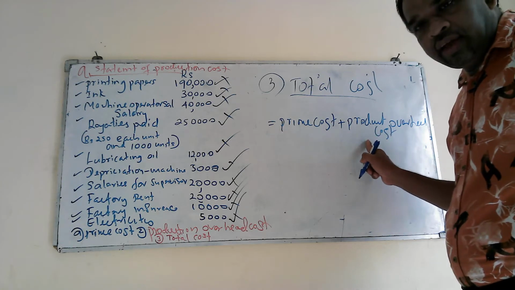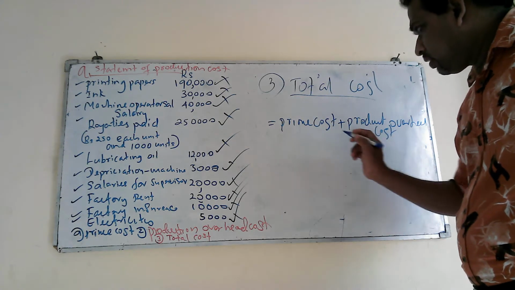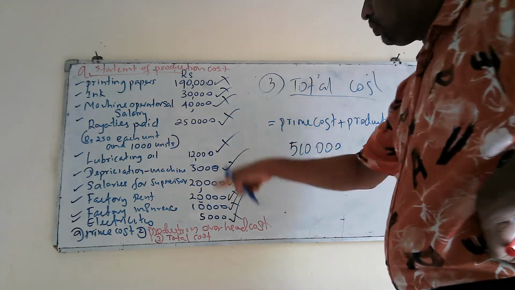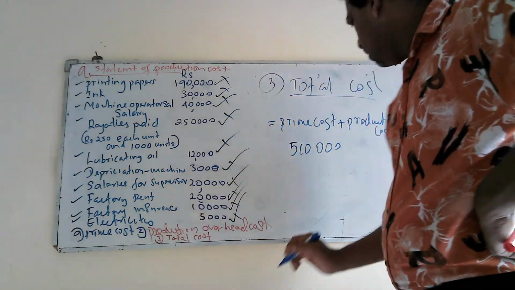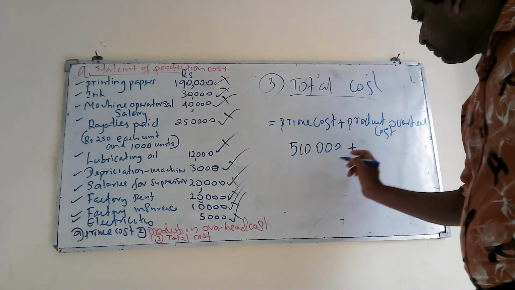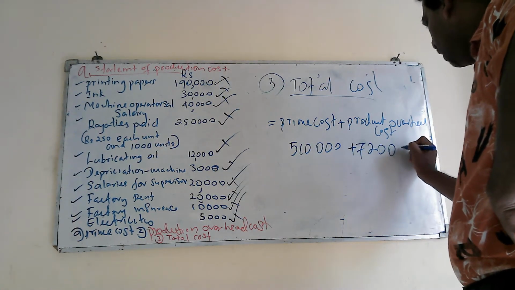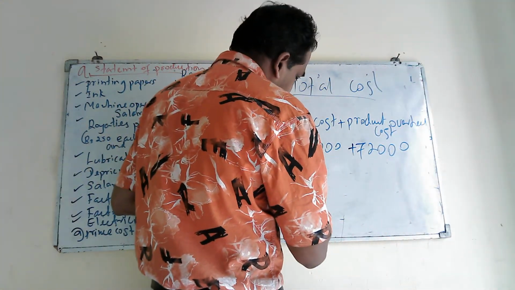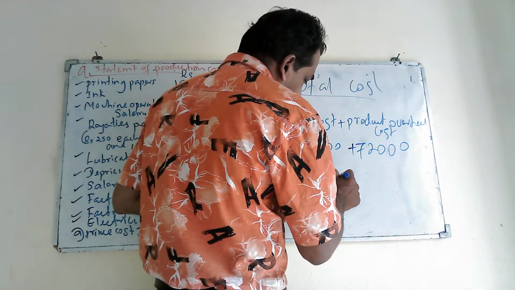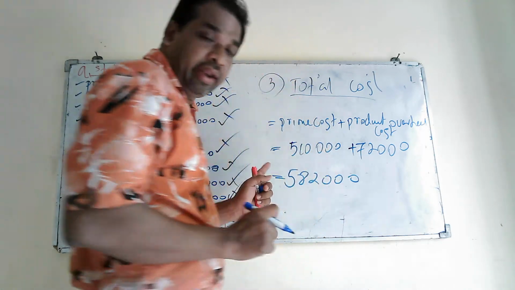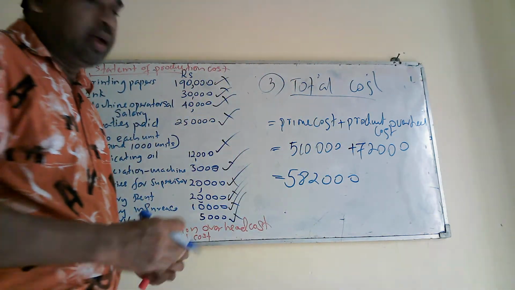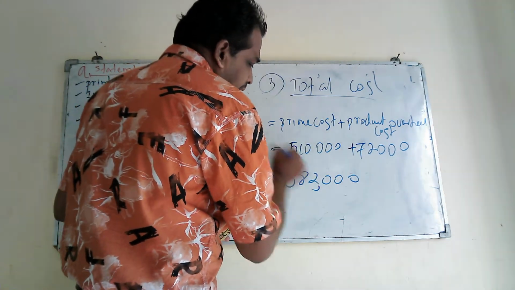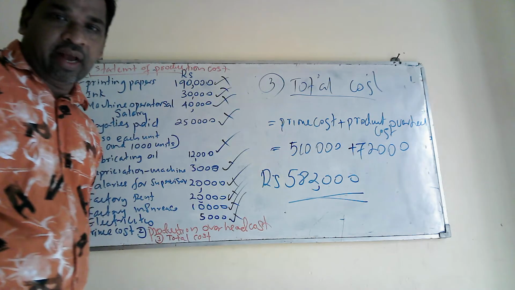Production overhead means indirect material, indirect labor, and indirect other expenses. Then you got 510,000 for the first answer under prime cost. You got production overhead 72,000. That is the second answer. You add these two, then it will be 582,000. That is your answer for part 3. 582,000, the total cost of the company.